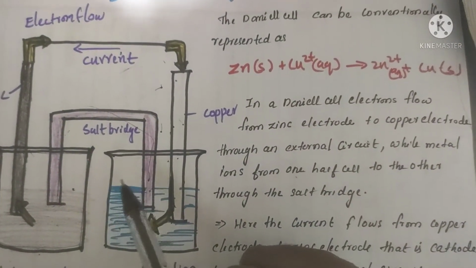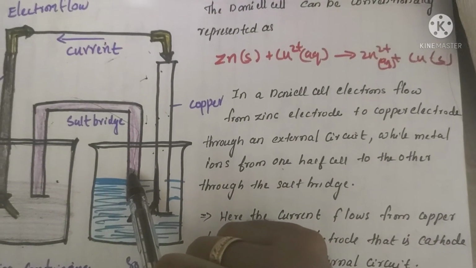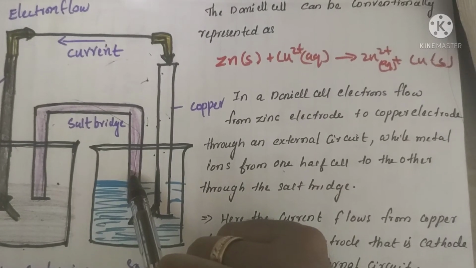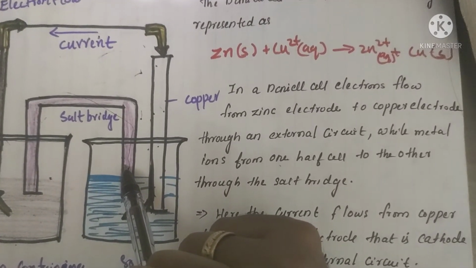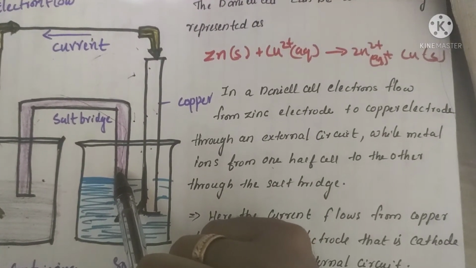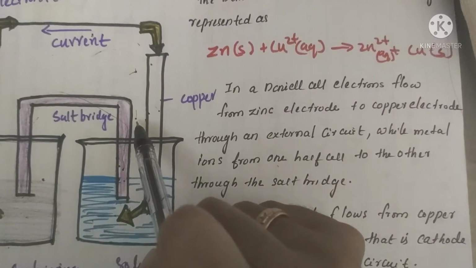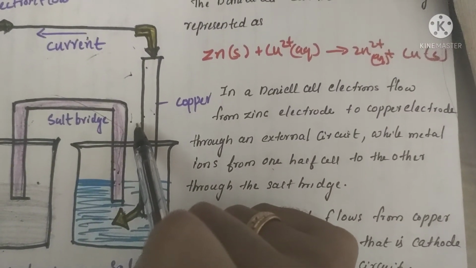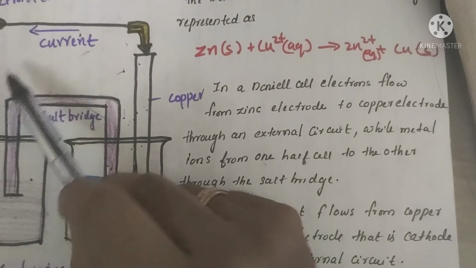The two solutions are connected by a salt bridge, an inverted U-tube containing an inert electrolyte like potassium nitrate or ammonium nitrate. When the circuit is completed, it is observed that electric current flows through the electric circuit.